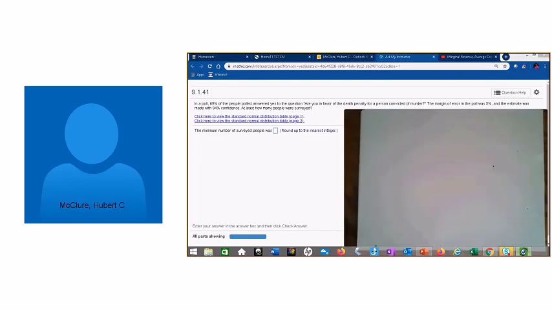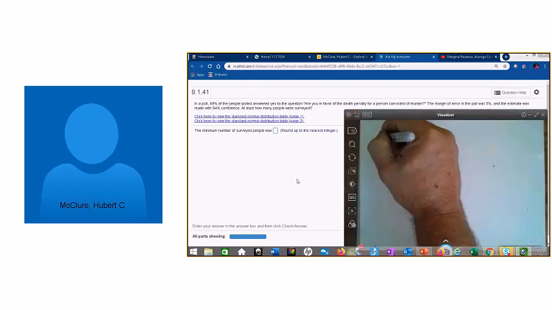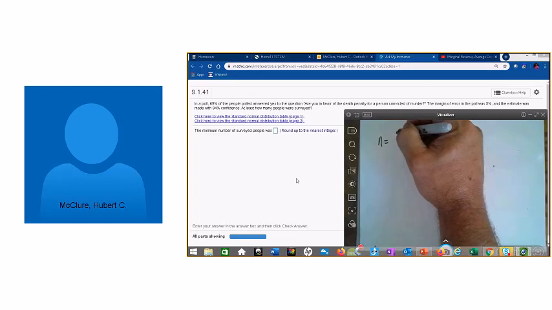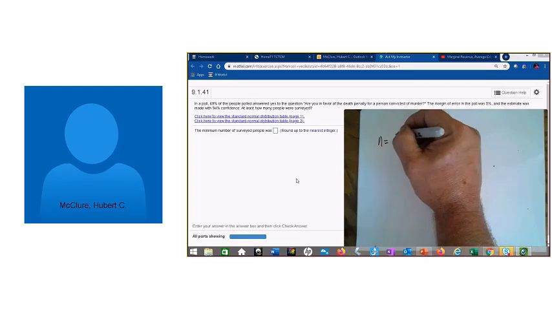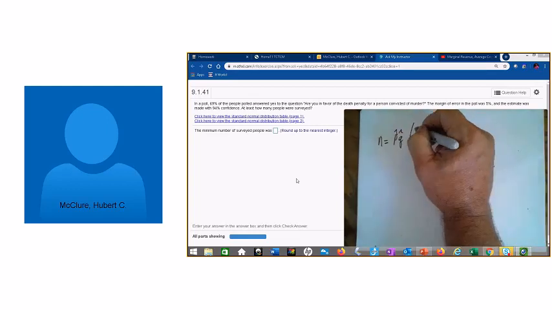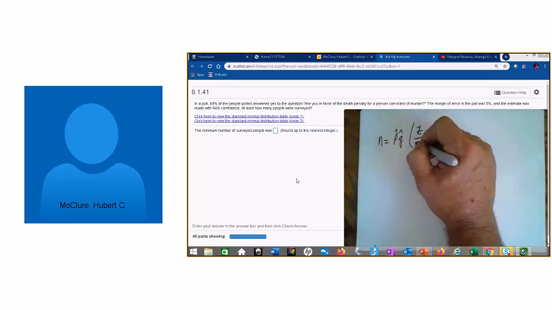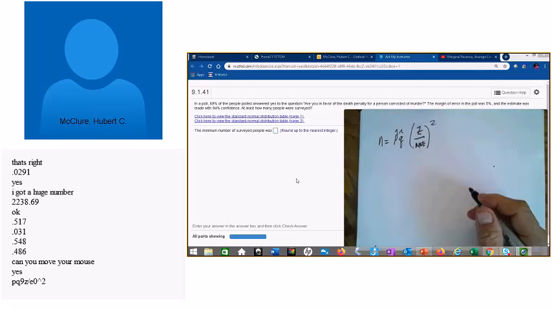This is going to be your n. n is equal to, and I can't remember, that's z, that's p hat, q hat, times the z score over the margin of error, raised to the second power. Thank you. I think that's what you meant. Yours came in kind of quirky.